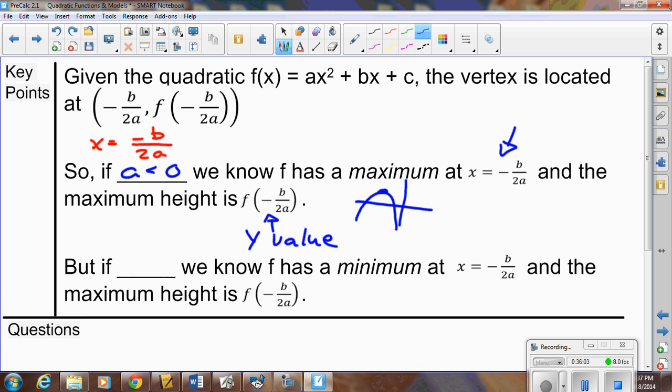When you plug it back into the function and crunch your numbers, it will give you the maximum. Or in the instance when you have a positive leading coefficient, the exact same technique of using negative b over 2a to get the x, and then using x to plug into the function and getting the y, that will give you the minimum.